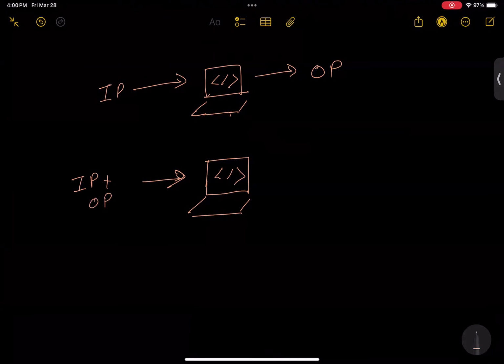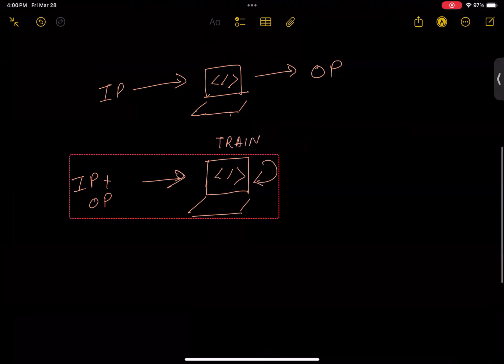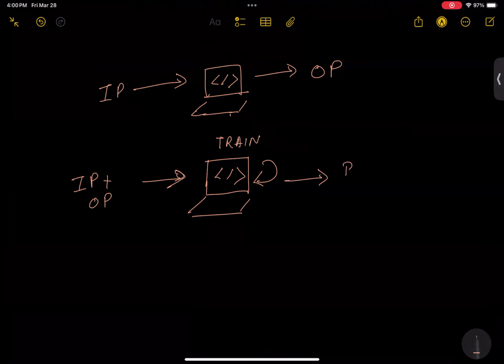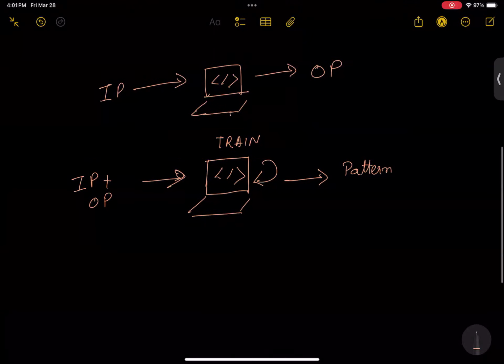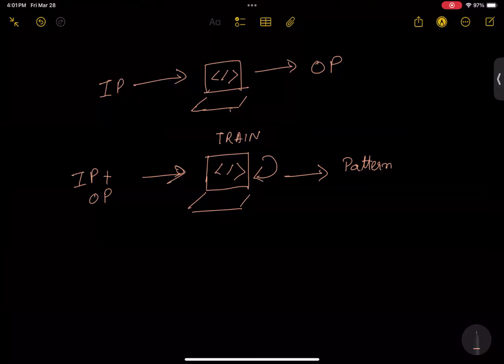Then we expect this algorithm to train, and the output we are expecting is nothing but some pattern and pattern-based recommendation.